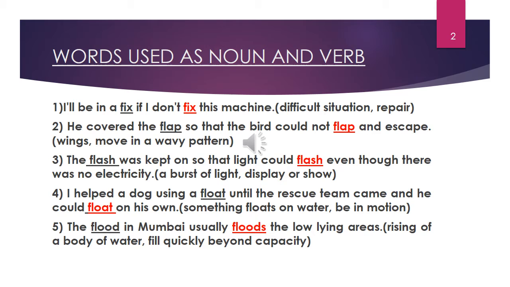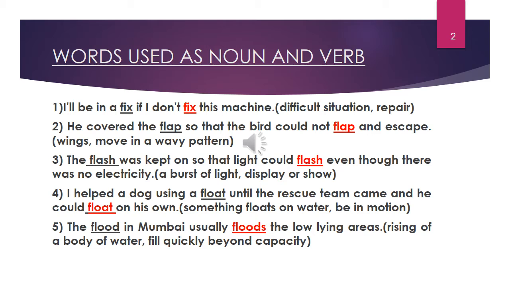Okay, so dog, he was using a thing, float, he was floating until the rescue team came and he could float on his own. That means he was doing that action of, okay, so he was in motion. Understood? So that means second word is used as a verb. First one is a noun and second one is a verb.